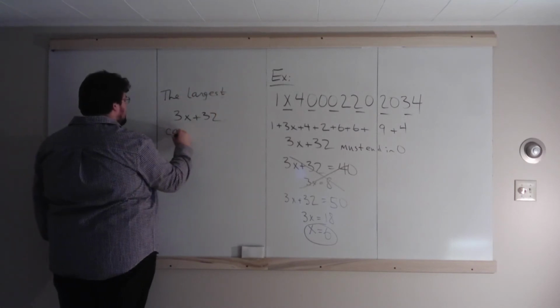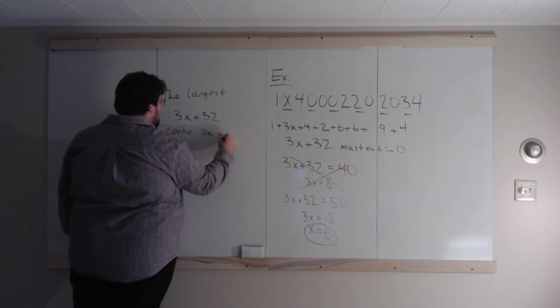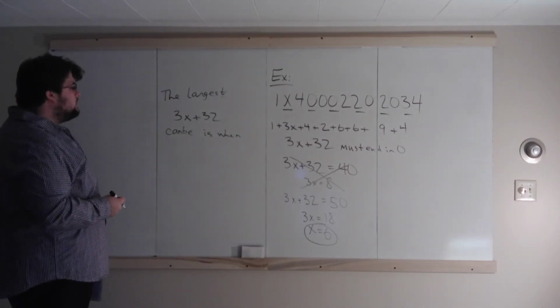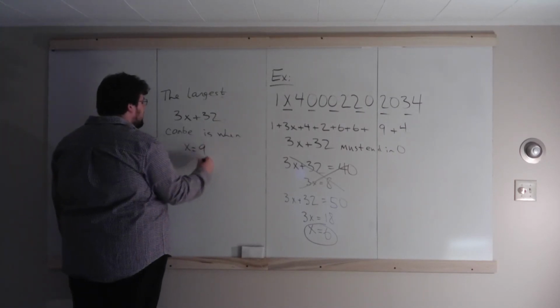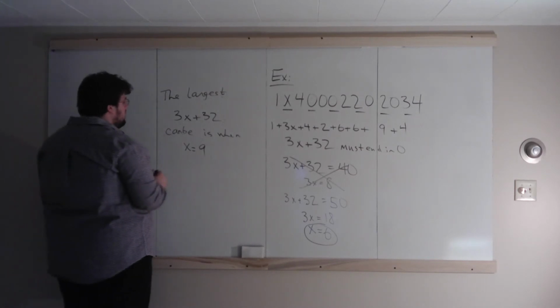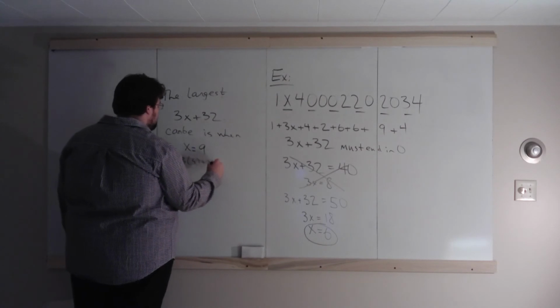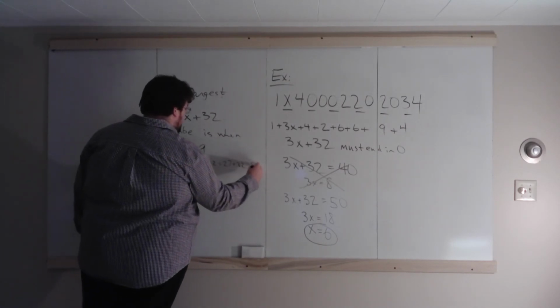Well, x can be only numbers 0 through 9. So x equals 9 will make this the largest. What happens when x equals 9? 3 times 9 plus 32, 27 plus 32, 59.